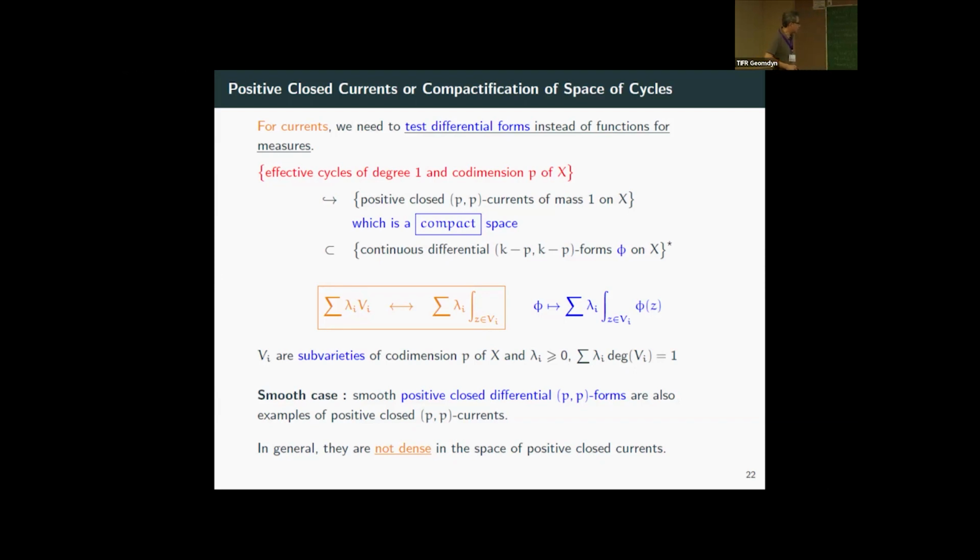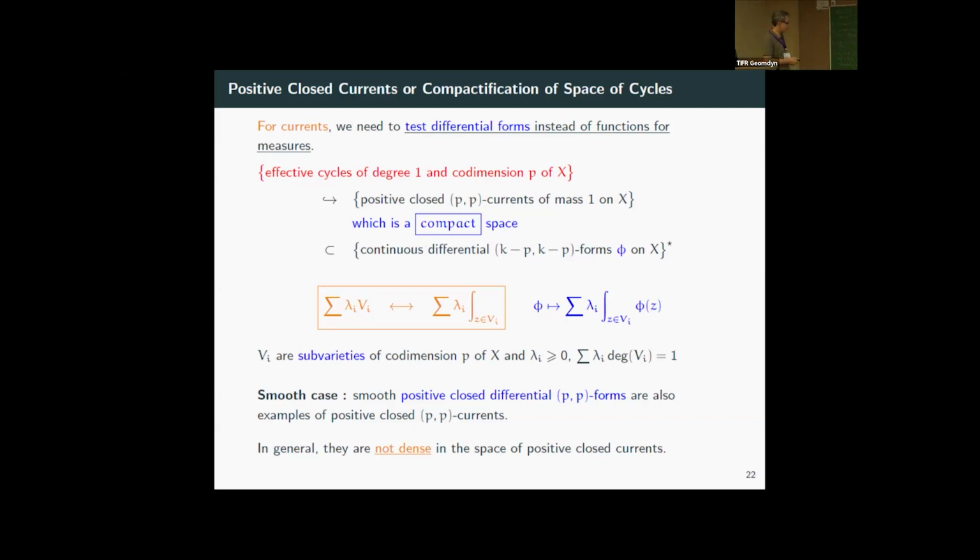So as example, you have this combination of varieties, but you also have a smooth positive closed differential form, similar to the volume form, but now it's smooth. It gives you positive closed currents, but in general, they are not dense in the space of currents. So this is a difference between the case of positive closed currents and the case of probability measures. You don't have the density of smooth positive closed currents in this space of currents.